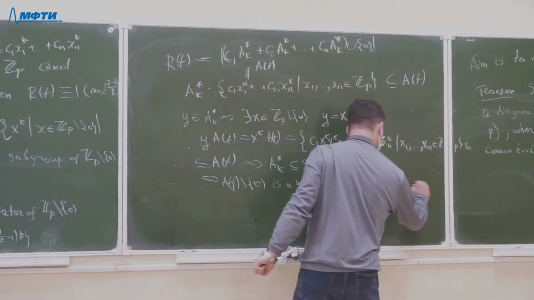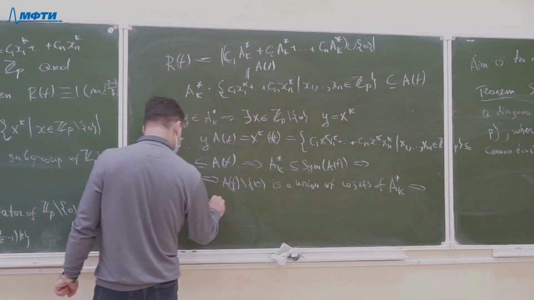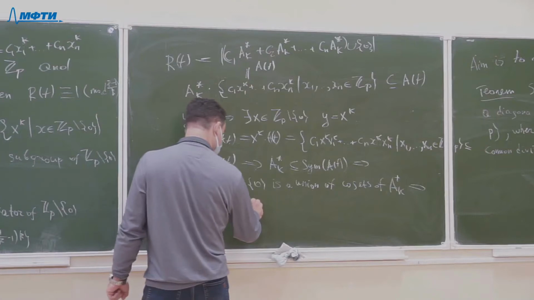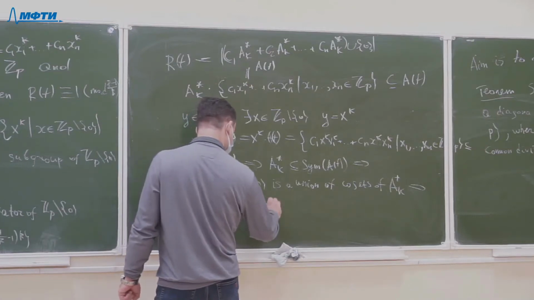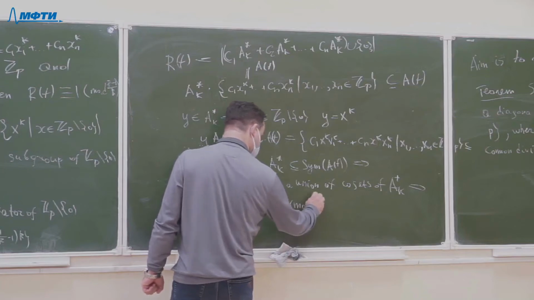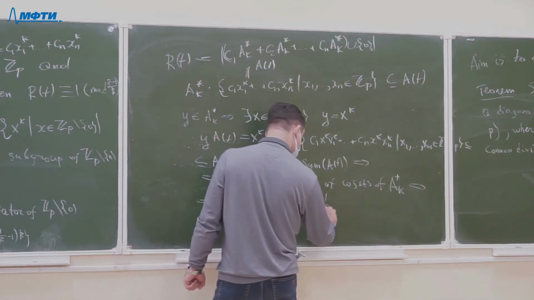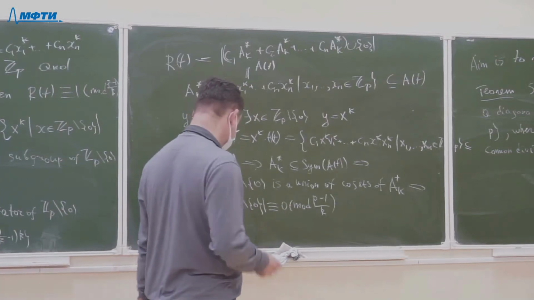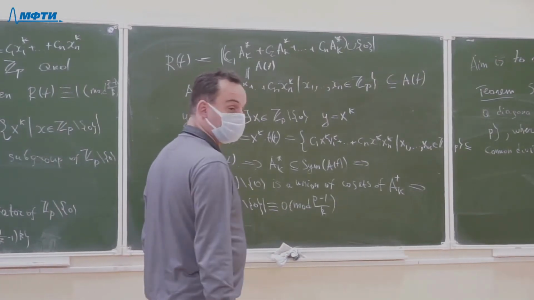So the size of AF without 0 is 0 modulo p minus 1 divided by k, right?